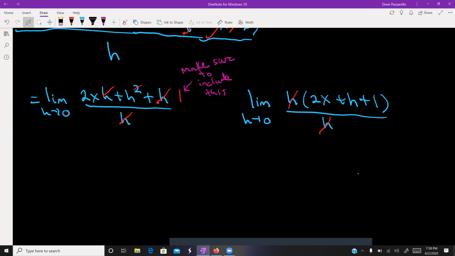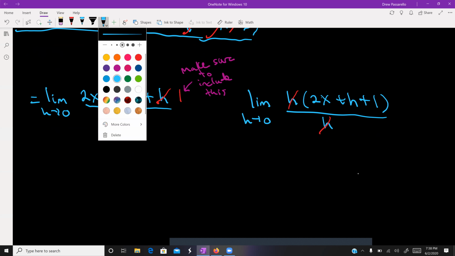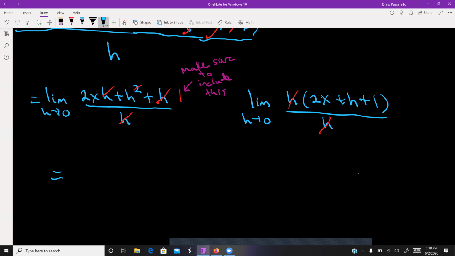All right, on the right side, that's what it would be if I worked it all the way through. So I'm left with 2x plus h plus 1. And now I plug in 0.